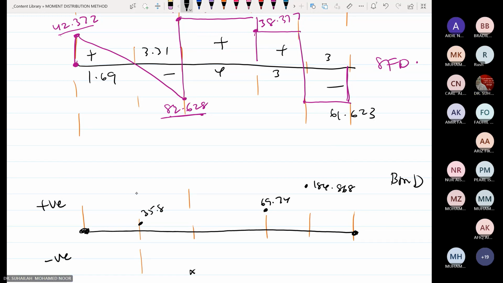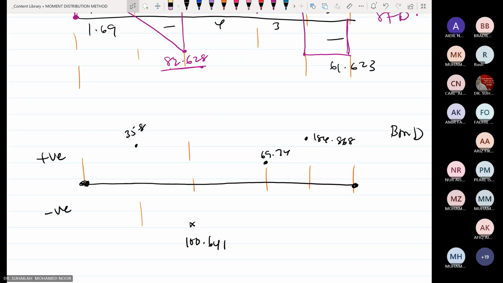So, kat sini 35.8. And then 69.74. That's why kalau you draw guna graph paper, you akan dapat accurate one lah. Yang ni anggaran je kan. 184.868.